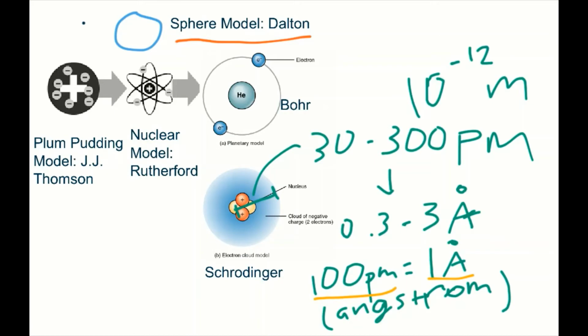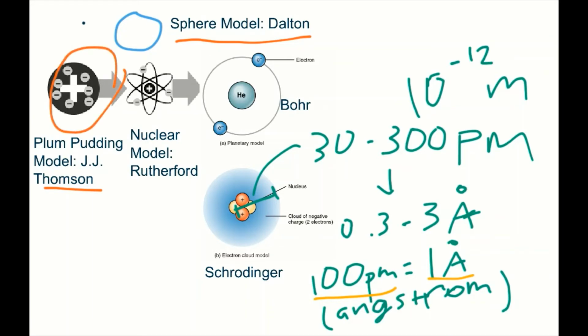Then in 1904, J.J. Thomson, the guy who discovered the electron, developed the plum pudding model, which is basically a positively charged sphere, but with electrons scattered throughout the sphere, as shown here.